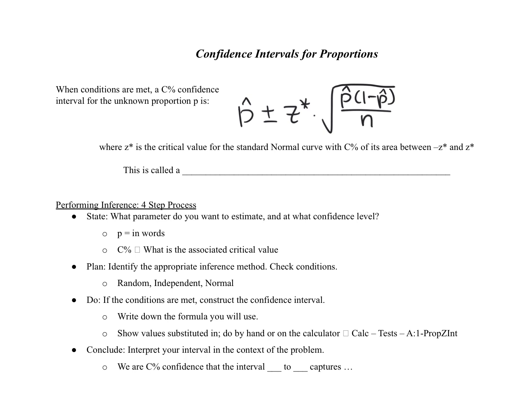So z star is our critical value, with C% of its area between negative z and positive z. And this is called a one sample z interval for proportions.